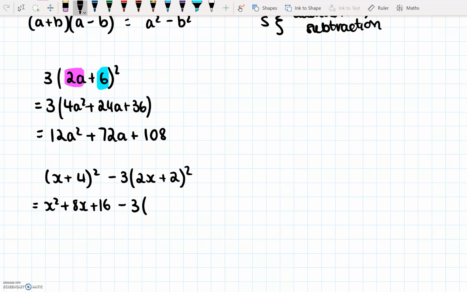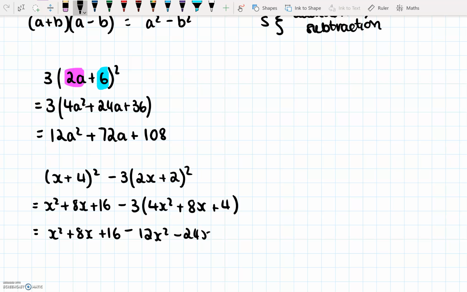Do this slowly and in stages, otherwise you're likely to make mistakes. So here (2x) squared becomes 4x squared. Okay, 2 2s are 4, so we get plus 8x and then plus 4. Now we can expand that second bracket, so x squared plus 8x plus 16 minus 12x squared minus 24x minus 12.